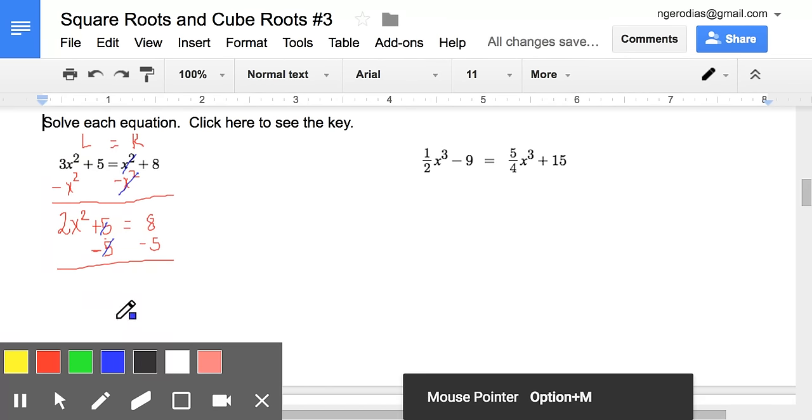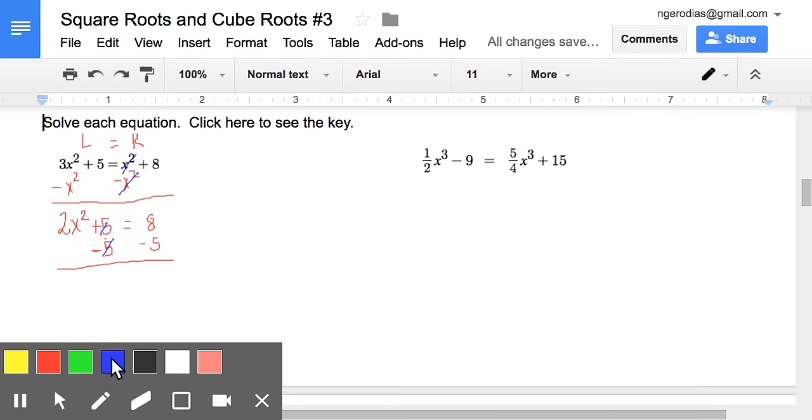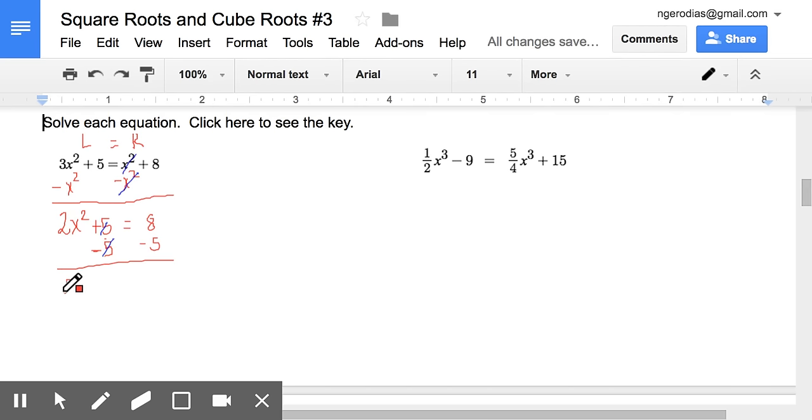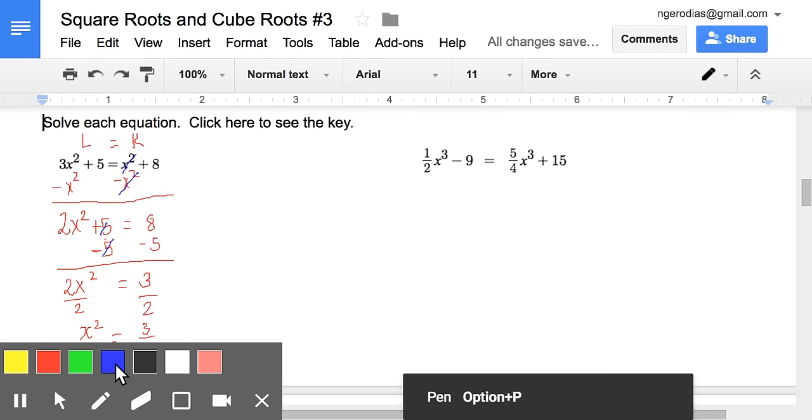And therefore, we're going to get 2x squared equals 3. And then now we can get the x squared alone by dividing both sides by 2. Then we'll have x squared equals 3 over 2.